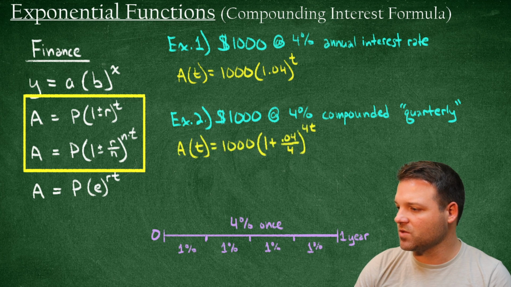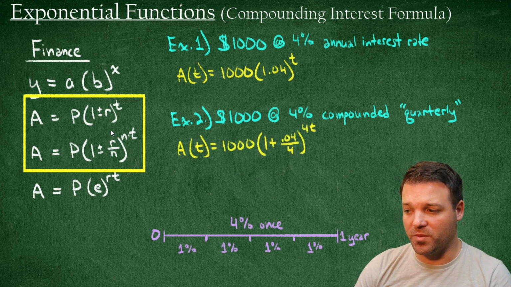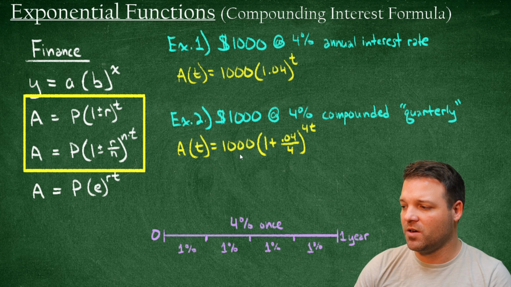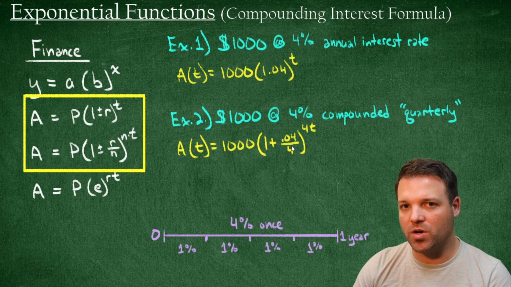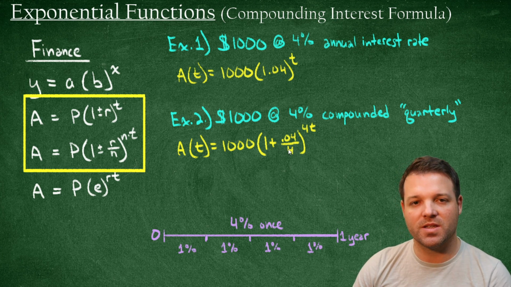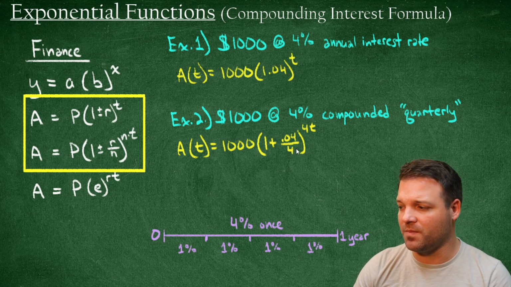Okay, so the next one, if we apply the compounding formula, we're starting with $1,000 and we're going to say 1 plus the rate, which is 4%, and then divide it by the number of times we're compounding it per year. If it's quarterly, that means we are going to split that up into 4 separate compoundings.